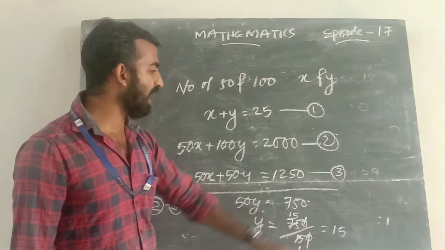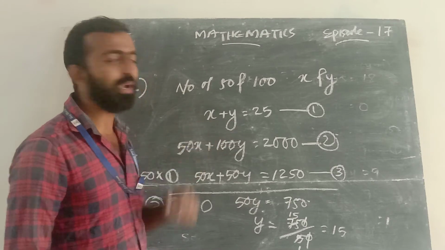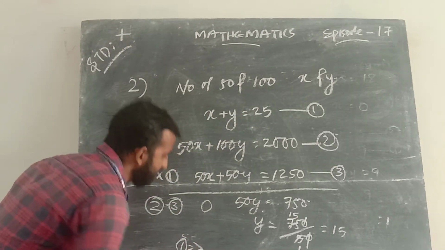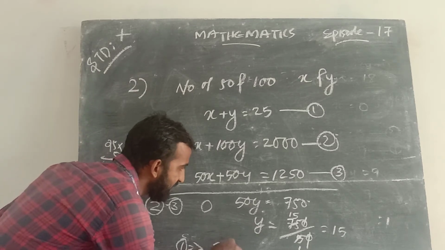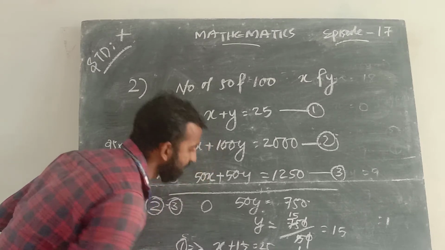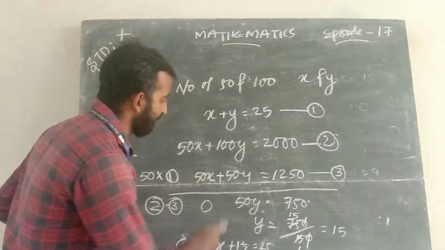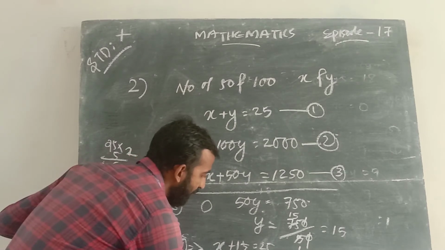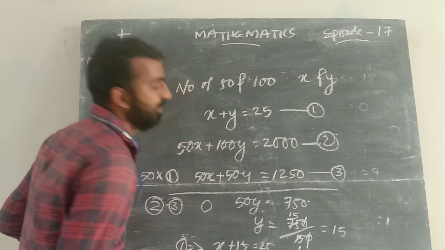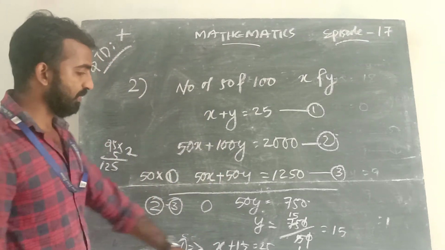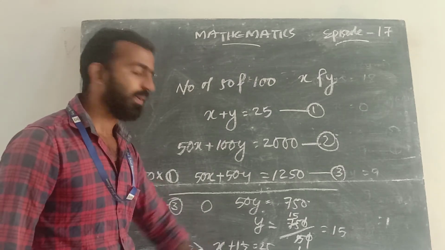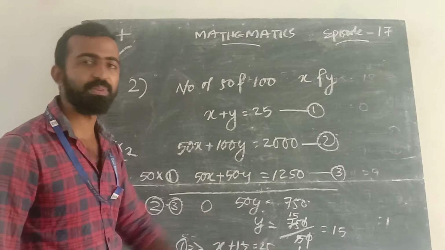When we apply the value of y in equation number 1, we get x plus 50 equal to 25, so x equals 25 minus 15, we get 10.